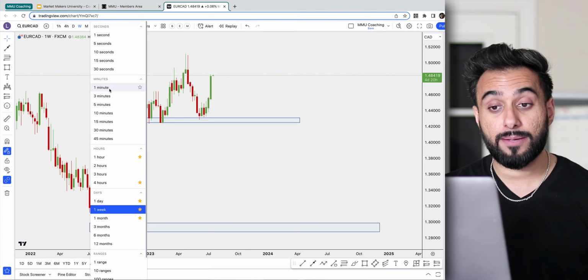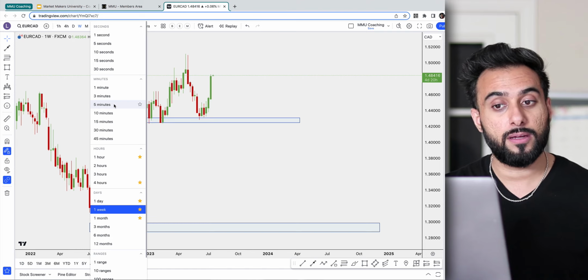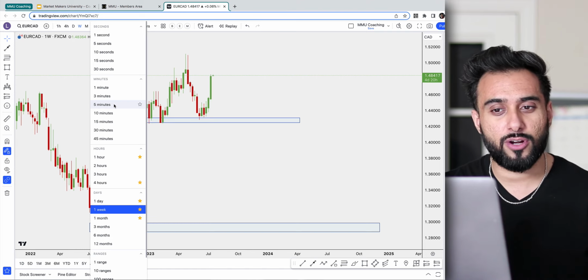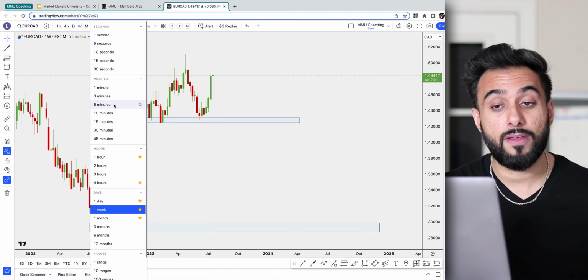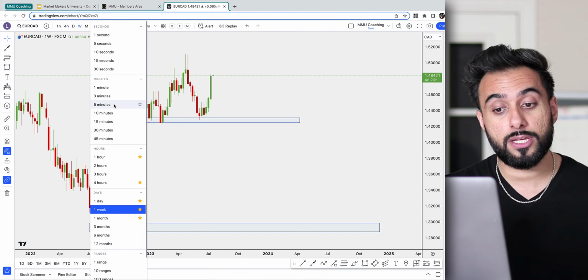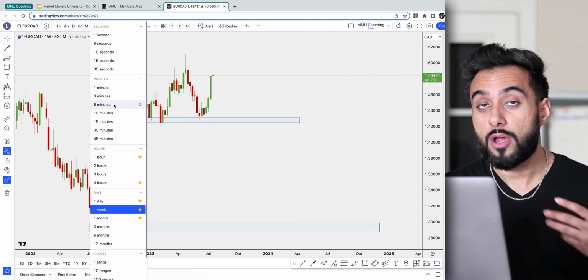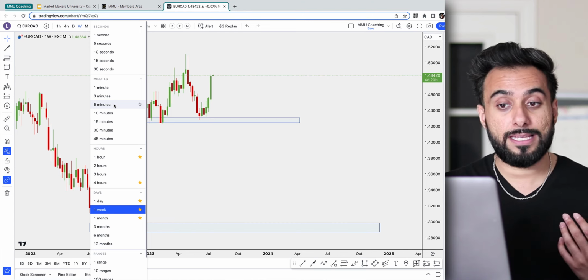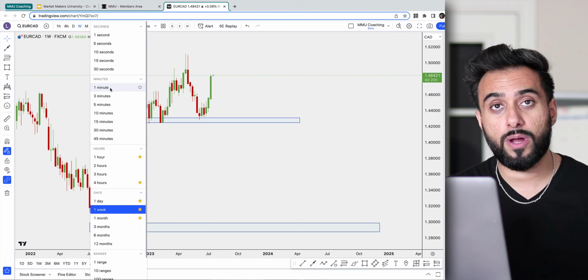Do you think big players, institutional investors who have billions upon billions of dollars, are really looking to enter on a 5-minute chart for a quick little scalp? No, they're looking to capitalize on big moves because they have that much money to make. So you are in a better position following along the coattails of the institutional investors rather than following these small, quick 5 pip, 10 pip, 15 pip trades on the 1-minute chart.